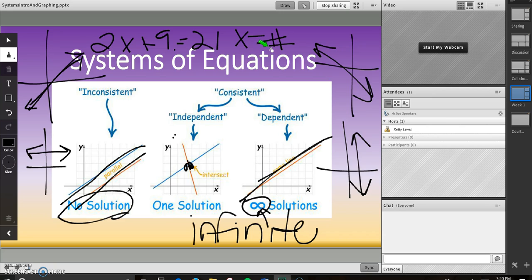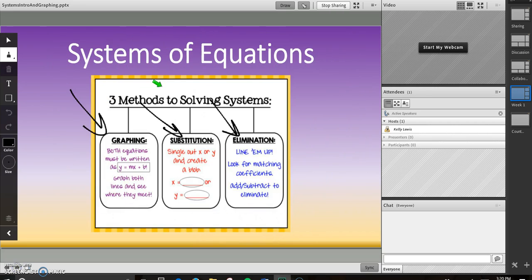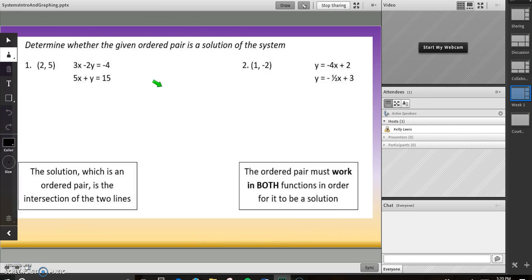This one happens to be 6, by the way. I only remember that because I did it in a video earlier. When you solve these systems, you're going to get an ordered pair as your solution. An ordered pair is an x and a y value, and both the x and the y have to work in both equations.